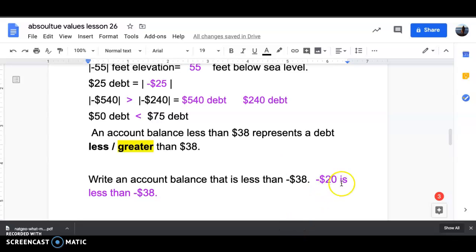Now that I think about it, I have to change this one. Okay, so write an account balance that is less than negative 38. Negative 20 is not less than a negative 38. We're going to have to make it, we'd have to say like negative 39, because that means you owe more money.